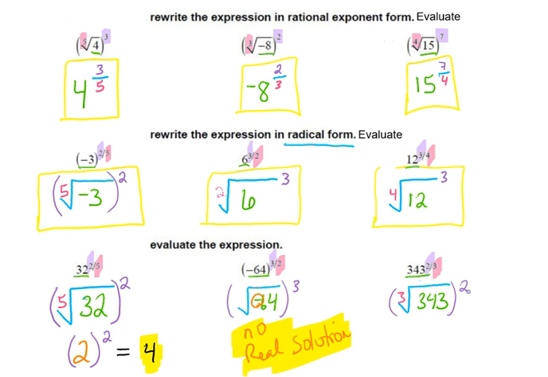So we want to know what number raised to the 3rd power is 343, or what is the cubed root of 343? And that number is a 7. So we're going to take our 7, and then we're going to square that. And that's going to give us an answer of 49. So here we can evaluate this out to 49.